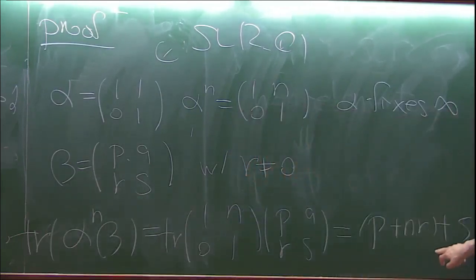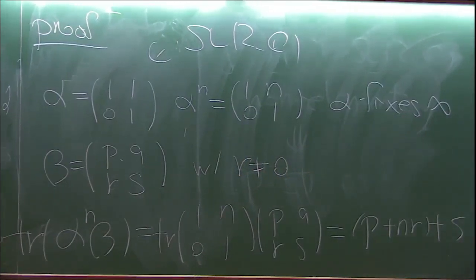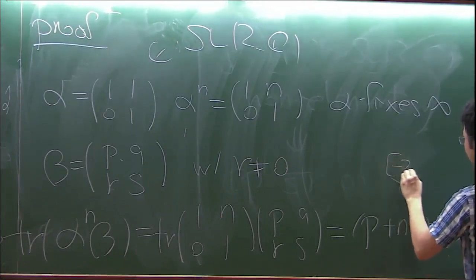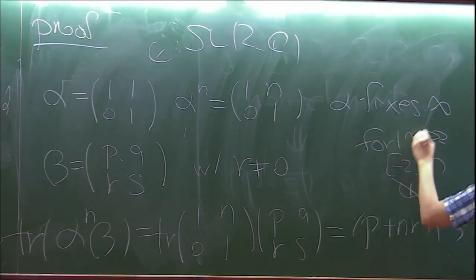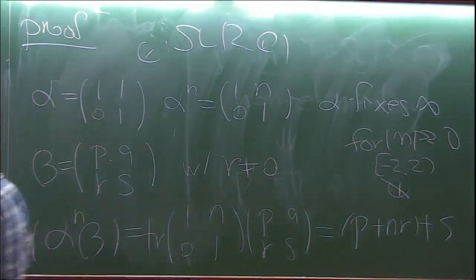And when n is sufficiently large, the trace gets big, not in minus 2 to 2, and that means it's a hyperbolic element.